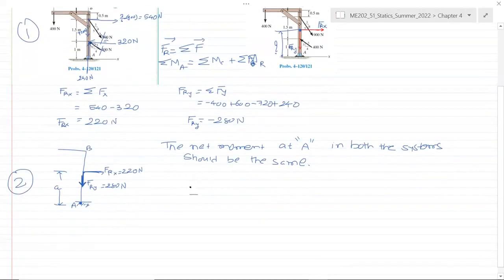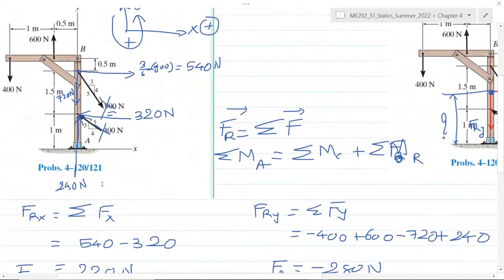So for the multiple force system, the sum of moments about A is equal to the moment of the resultant force system about A. For the multiple forces, we need to calculate the moment of each and every force about point A. There is no moment of 720 about A because it passes through A. 540 has a moment of 540 multiplied by 1.5 plus 1, which is 2.5, and clockwise, so that's negative. 320 multiplied by 1 is counterclockwise, so it's positive. 600 multiplied by the distance from A, which is 0.5, is clockwise, so it's negative.